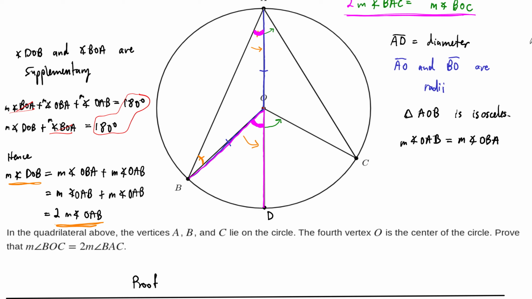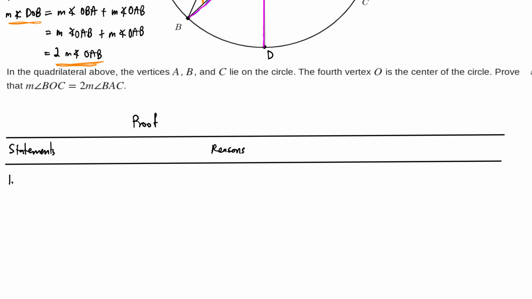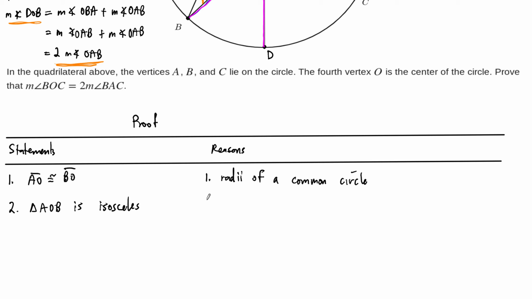Segment AO is congruent to BO because they're both radii of a common circle. And so then triangle AOB is isosceles, because it has 2 congruent sides.